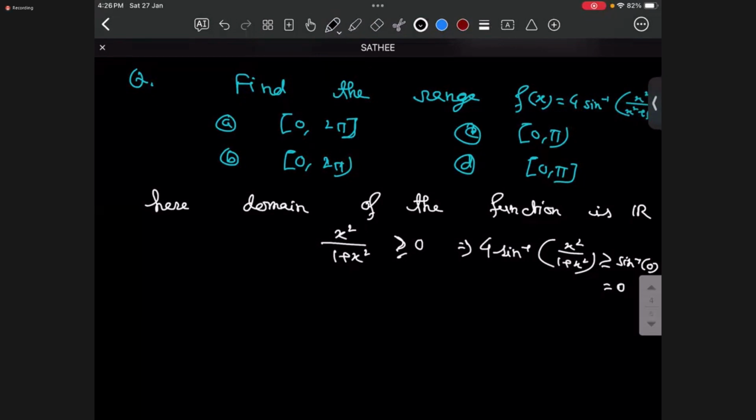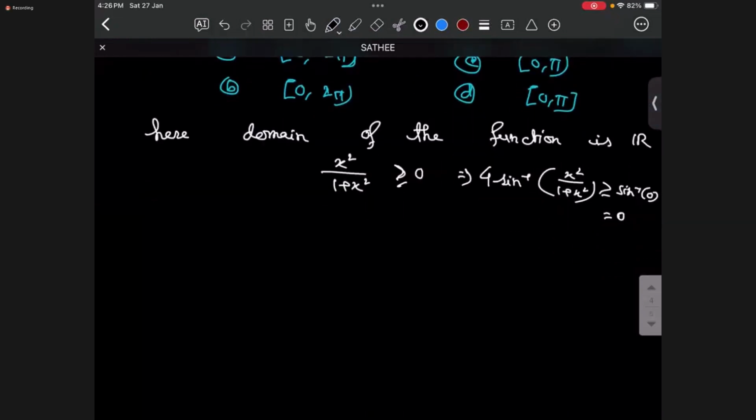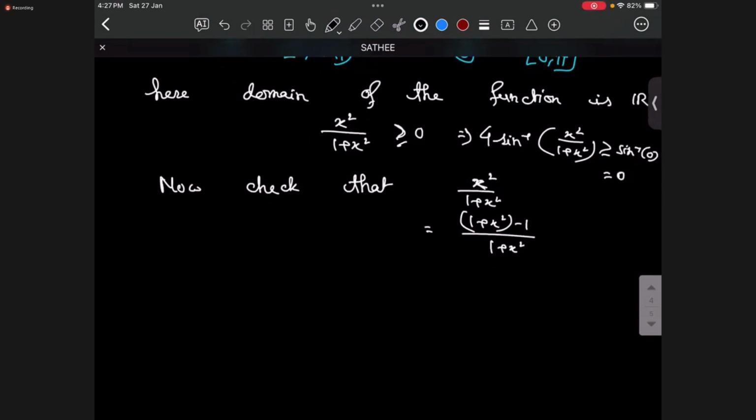For that, check one thing. Check that x square by 1 plus x square can be written as 1 plus x square minus 1 by 1 plus x square.